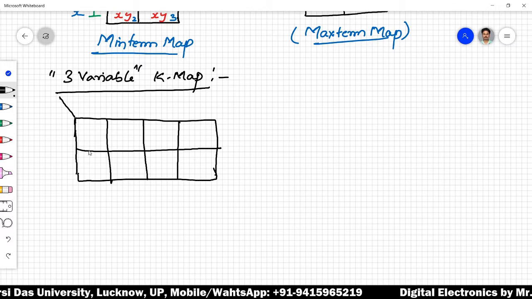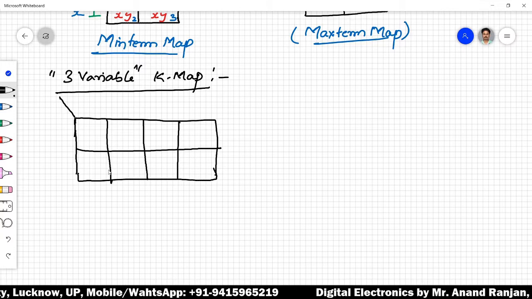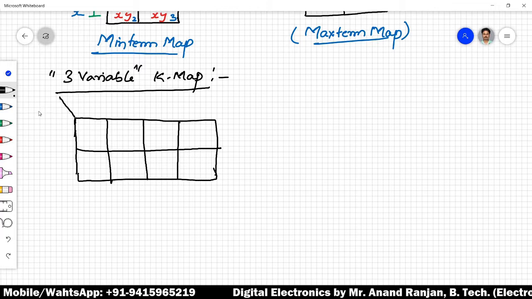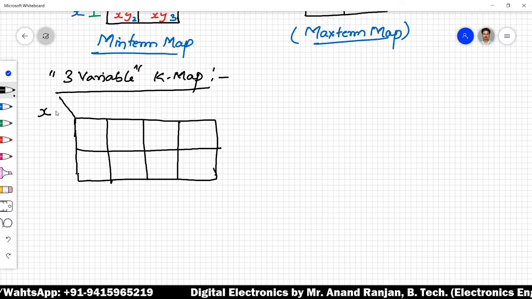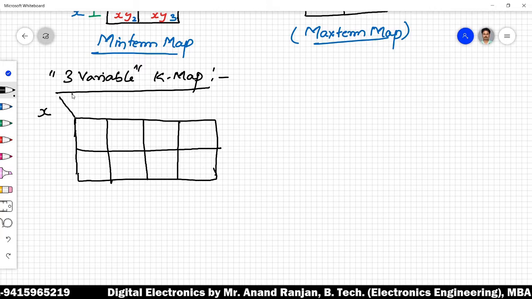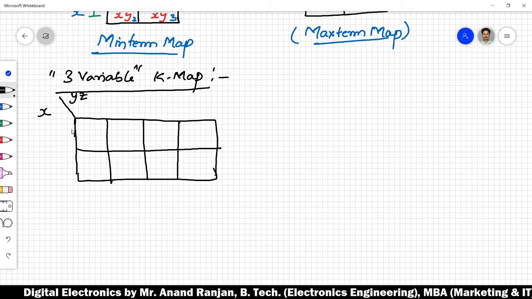So here we have 8 different boxes. On this side I am considering one variable x, and the remaining two variables, y and z, I am writing on this side.